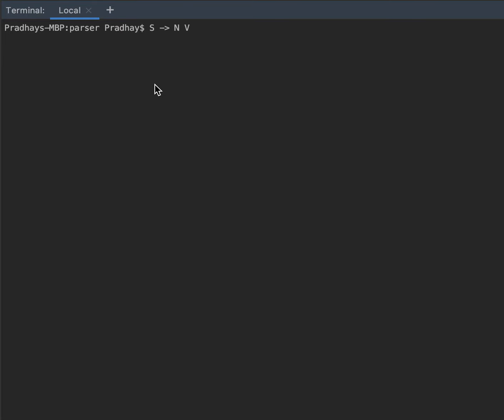What exactly is this though? It's basically a noun followed by a verb. Let's say we have the rule N to Prade and the rule V to sat. We can generate the complete sentence Prade sat. But of course, noun phrases might not always be as simple as words like Prade. We can have other phrases like my name or his name, for example.